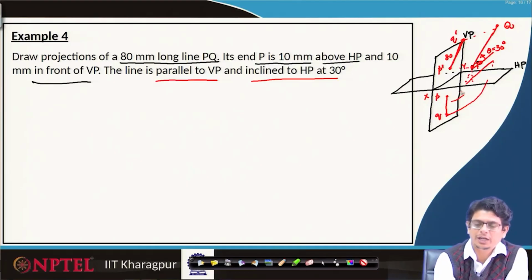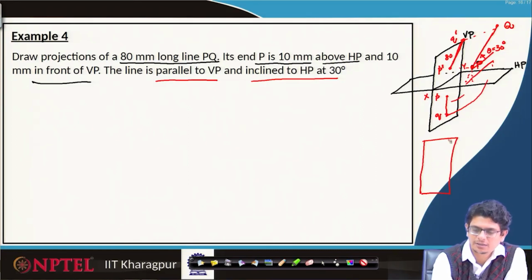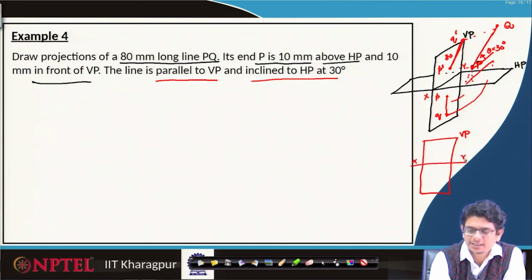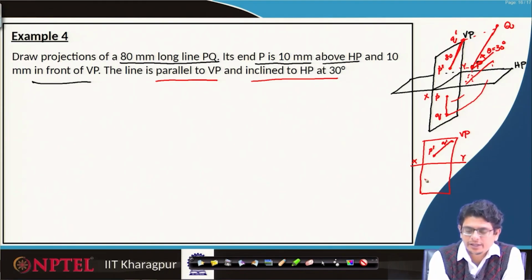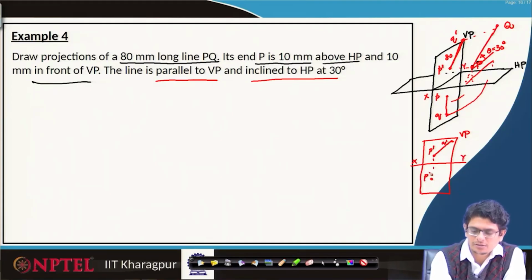So, if we are visualizing only on vertical and horizontal planes, on the vertical plane, if this is the xy axis, this PQ line will be P prime, Q prime like that. On the horizontal plane, if we are looking from top view, it makes projection P here and projection Q here.